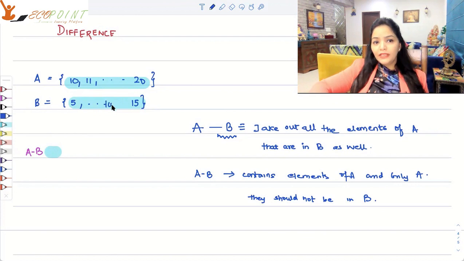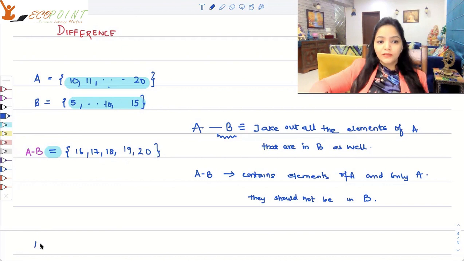Now that means 10 to 15 are numbers which are there in A also and B also. I don't want these numbers. I want numbers which are exclusively just in A. So these numbers will be 16, 17, 18, 19, 20, because these are the numbers which belong to A, but they're not in B.